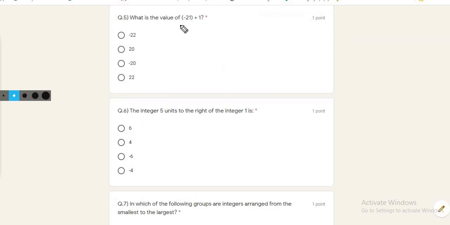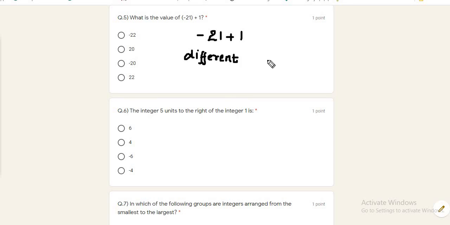Question 5. What is the value of -21 plus 1? So it is -21 plus 1. Both signs are different, so we will subtract the smaller value from the bigger value. So big value minus small value.